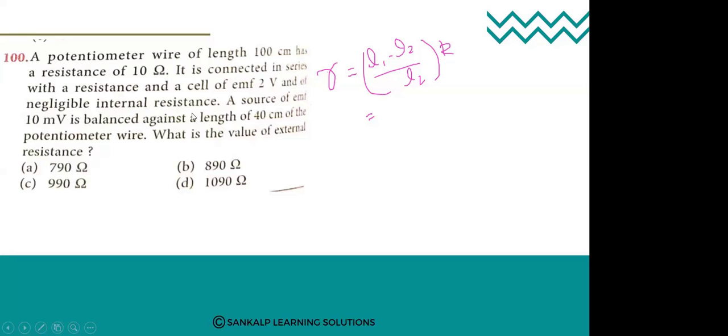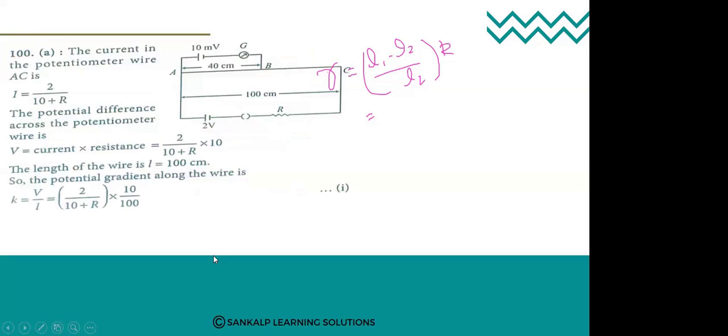What is the value of the external resistance? See, question is, so here you have the potentiometer wire whose length is 100 centimeter. So when the length is 100 centimeter, the resistance is 10 ohm. It is connected to a resistance and a cell of EMF 2 volt, and internal resistance we need to neglect. Here the source EMF is how much? 10 millivolt, which balances against 40 centimeter. So what is the value of the external resistance?